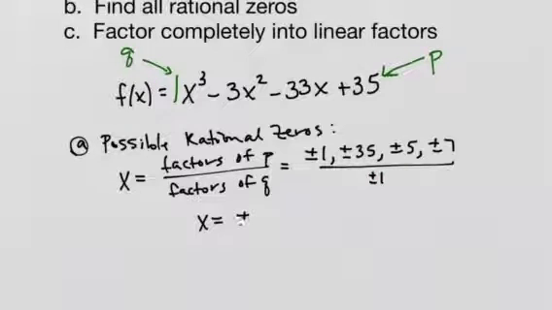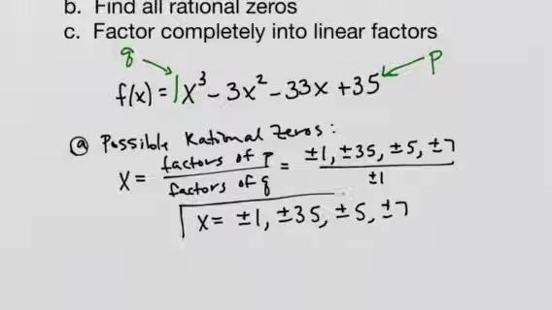That gives us the option of plus or minus 1. So each value in the numerator divided by each value in the denominator. So positive or negative 35 divided by positive or negative 1 would give us plus or minus 35. Same idea for 5 and 7. Divide each of them by 1. So this would be our list of possibilities.